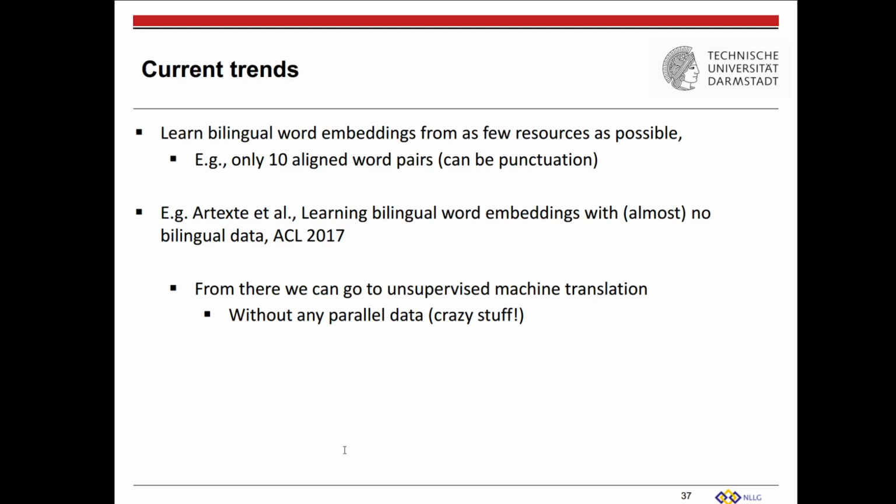And then another topic that came about in the last two to three years is that people found, okay, these bilingual vector spaces are not so difficult, and we have techniques that allow for inducing good bilingual embeddings, and these techniques are also rather simple, so it doesn't have to be very complicated.